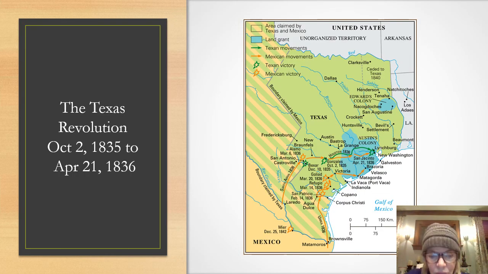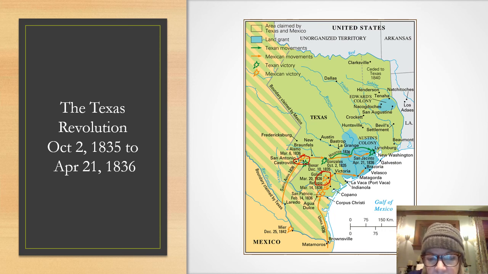All right, so this is where they believed that their territory was. So let's look at what happens here. This right here is the Alamo, and then this is Goliad right here, right? This is where people were murdered after they had surrendered. And you see all these orange stars. Those are battles that the Americans lost. Those were Mexican victories.